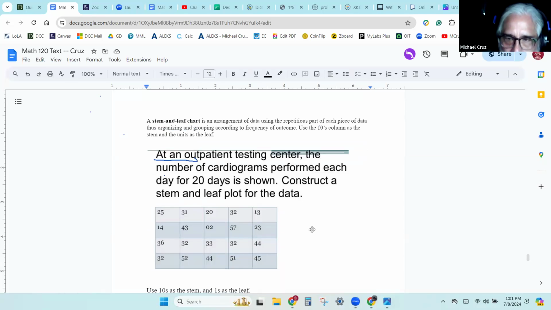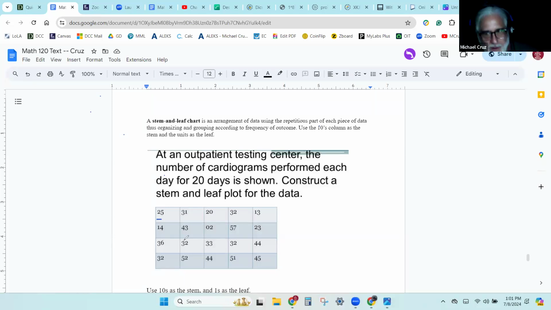All right, we have 20 different pieces of data here. It's from 20 days at an outpatient center where they do cardiograms. In each one of these 20 days, it tells us how many they did. So on this first day, they did 25. The second day, they did 31.